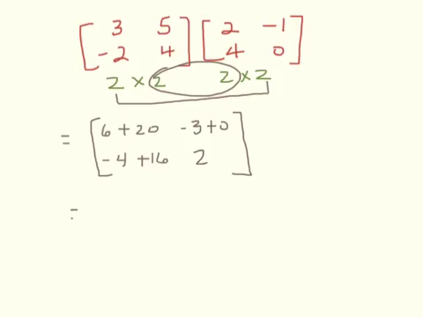So we're going to simplify this, and we have 26, negative 3, 12, and 2. And that is our matrix after multiplying the two matrices.